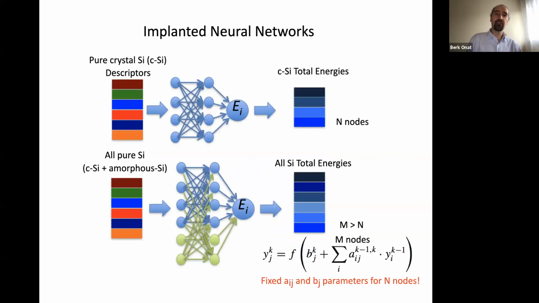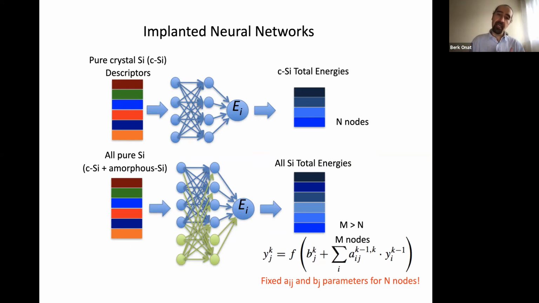So we decided, okay, we need to use a small data set just for the crystal. We built this, the top part, the blue neural network. We only train on the crystal silicon and show the silicon structure.